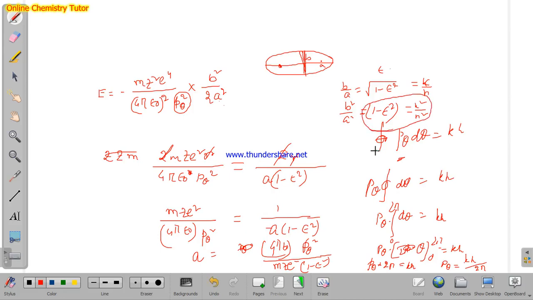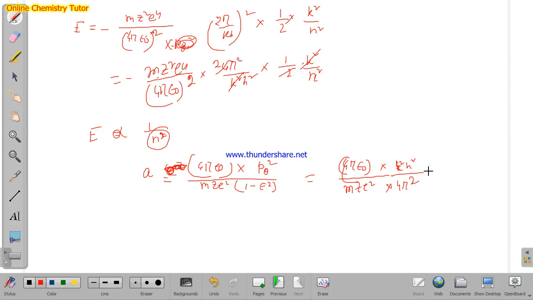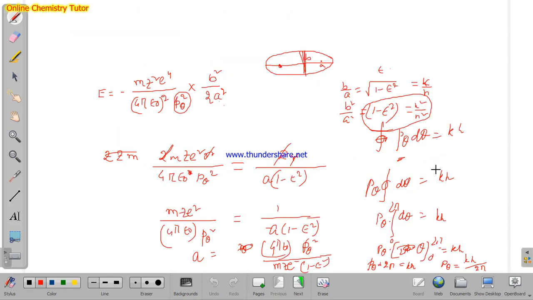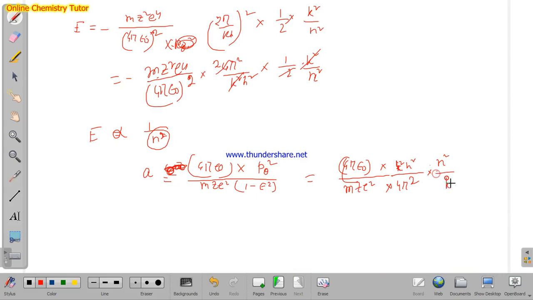We will put the value here. So k square cancels out, and a equal to 4 pi epsilon naught, four pi cancels out, pi remains, so epsilon naught into h square by pi m z square into n square.